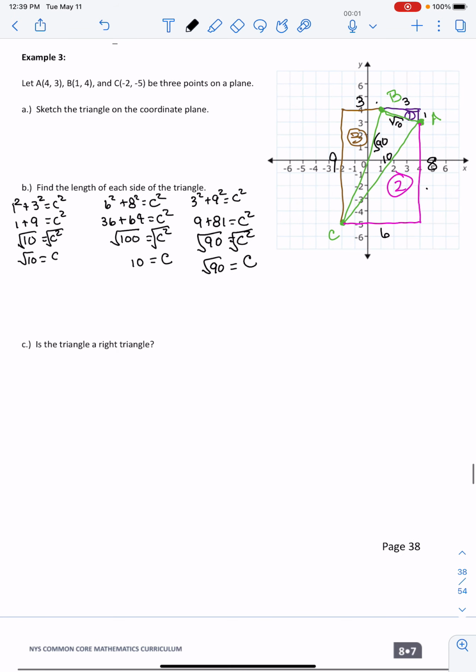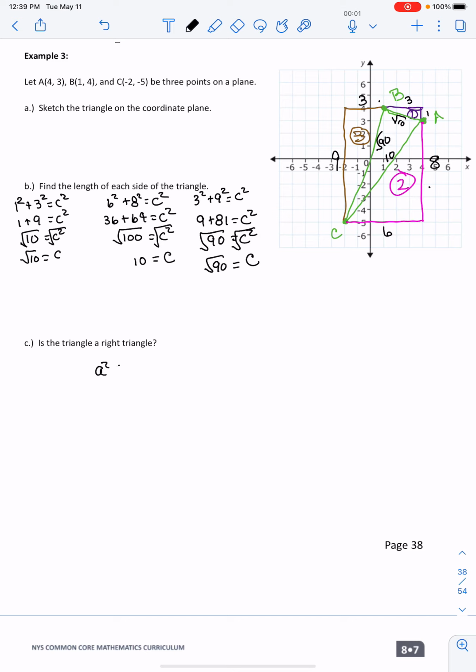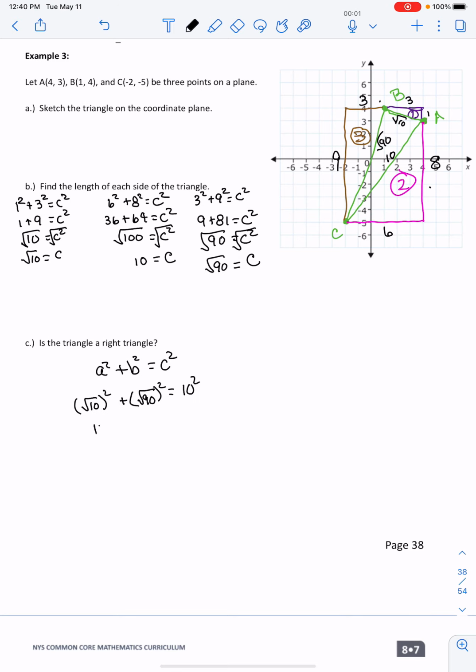So now it says, is the triangle a right triangle? Well, I know we did one similar to this in class. So if we do a squared plus b squared equals c squared, and we do the square root of 10 squared plus the square root of 90 squared equals 10 squared. And then we square that, it's 10 plus 90.